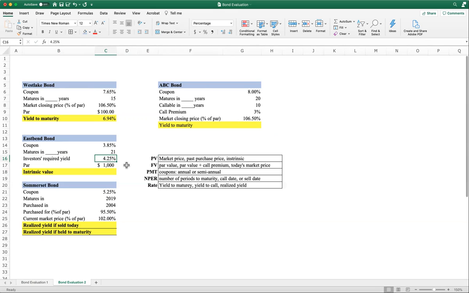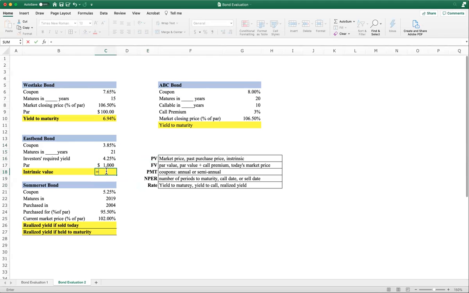Now this gives you a coupon of 3.85 and matures in 21 years. So the question is, how much are you willing to pay, because you want to get a 4.25% return? So the question comes down to calculating what? The present value. It's, again, the time value of money.